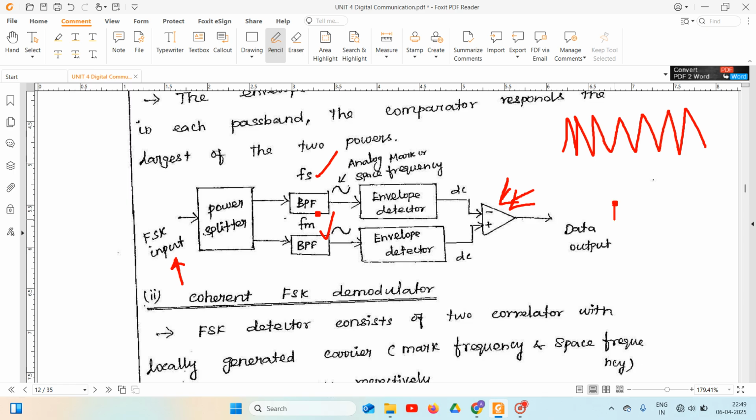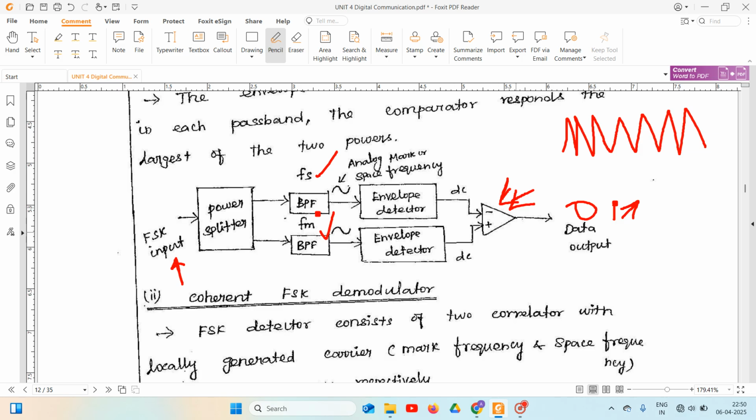So based on the power of the space and mark frequencies, we get the output of the comparator. In this way, we detect the original signal from the FSK modulated signal in the non-coherent detector.